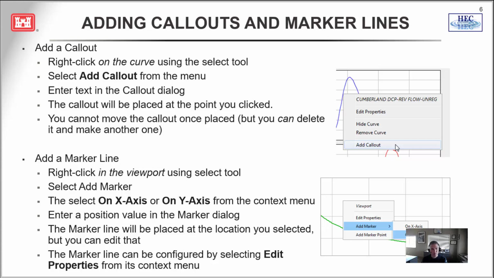For example, if you right-clicked on the plot and you want to add a marker line on the Y-axis, it's going to show you the magnitude of where you did the right-click, and then you can override it so that the line is drawn wherever you want it to on the Y-axis.